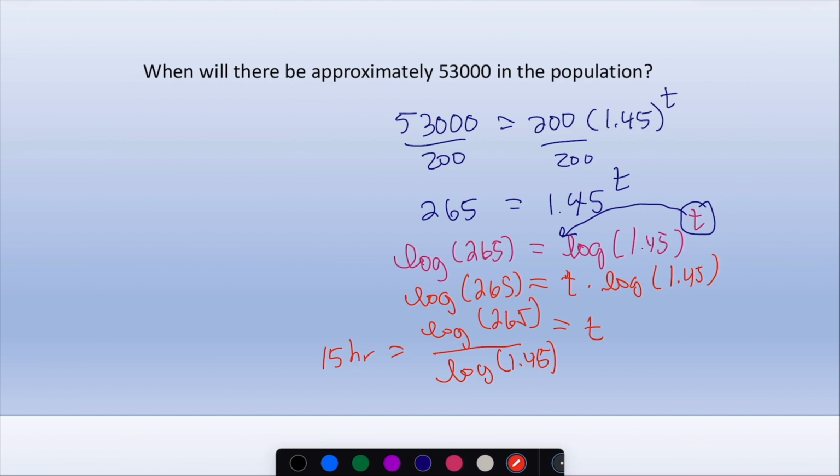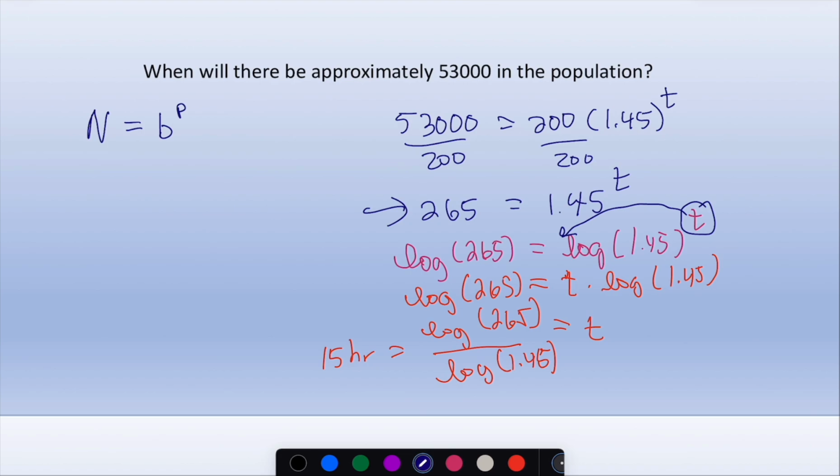Okay. Now let's go back to this step, and I want to write a formula. Let's say that we have a number equals some base to some power. And I'm going to put a P up there because it might not be T, but in these ones it's T. So if you want to solve that for P, in this case that's our T, here's the formula you can use from now on.